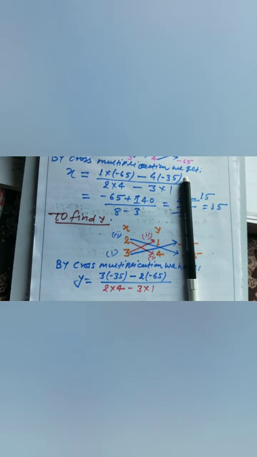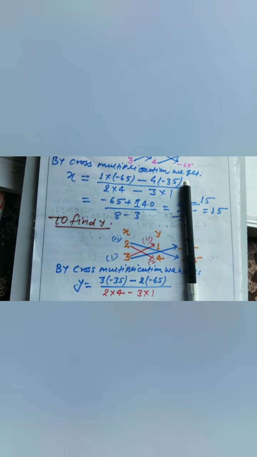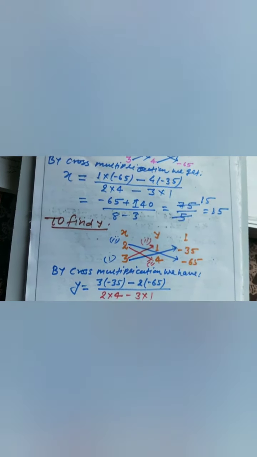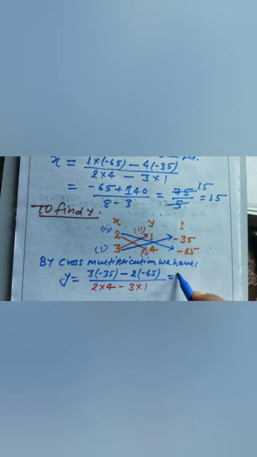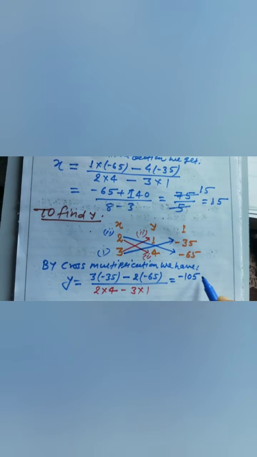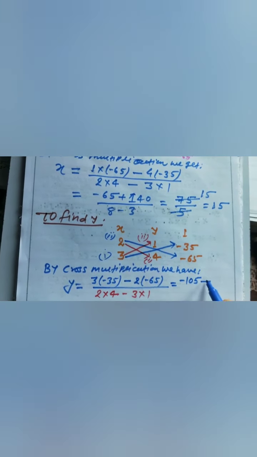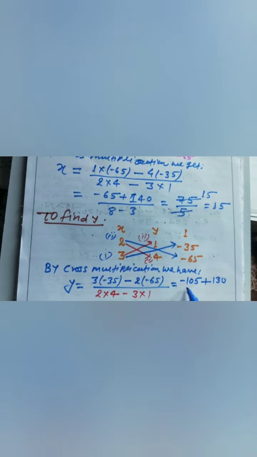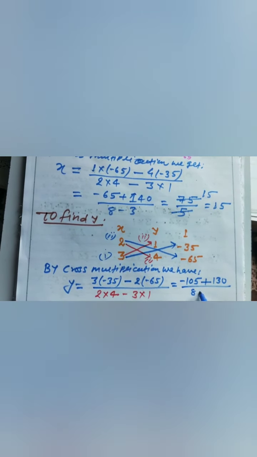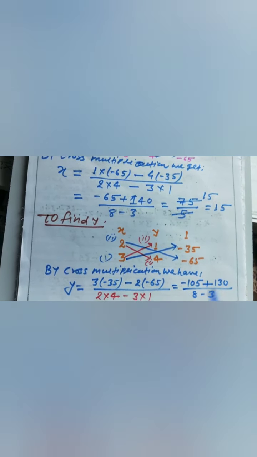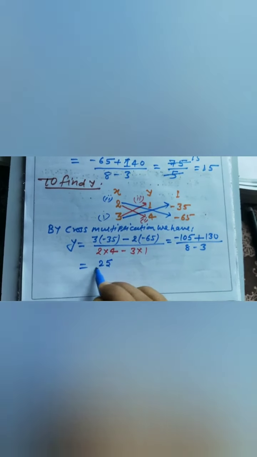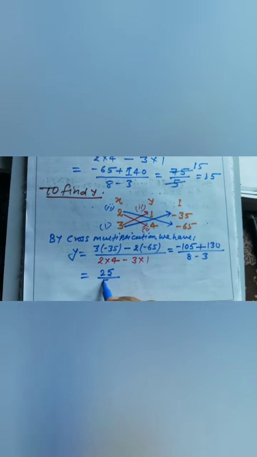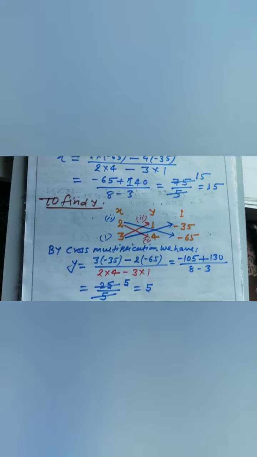Now you can simplify it to find the value of y. So let us simplify it. 3 multiplied by minus 35 will be minus 105, and minus multiplied by minus will be plus 130, upon 8 minus 3. So 130 minus 105 will be 25, upon 8 minus 3 which is 5. So this can be cancelled by 5, so it will be 5.